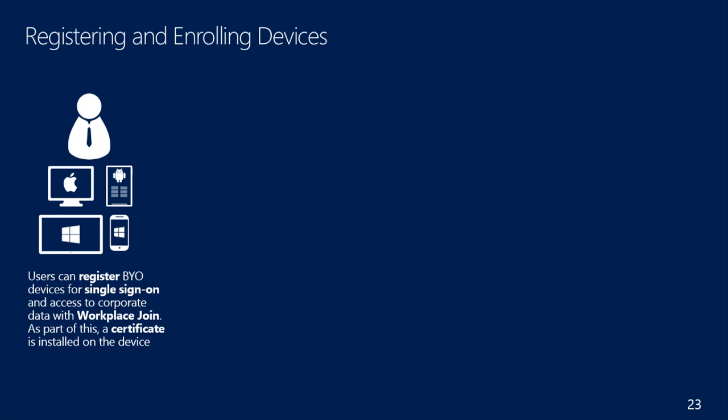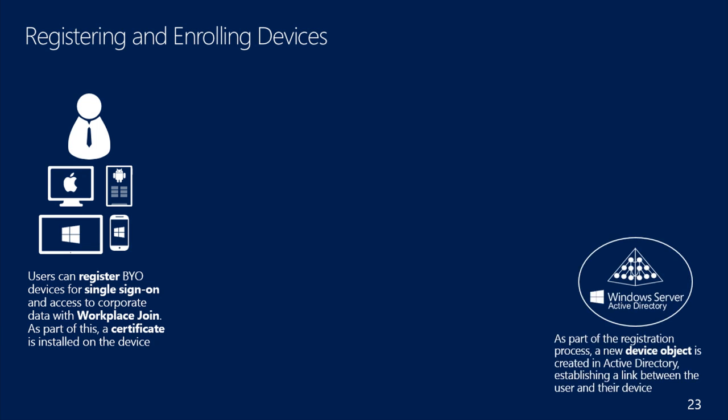The idea is that you can take your device, and how many of you saw the keynote? Pretty much everybody. Great. So you have actually seen this happening. You have seen a user with their own device going into the network properties and registering the device, saying workplace join. And in practice, what did that mean?